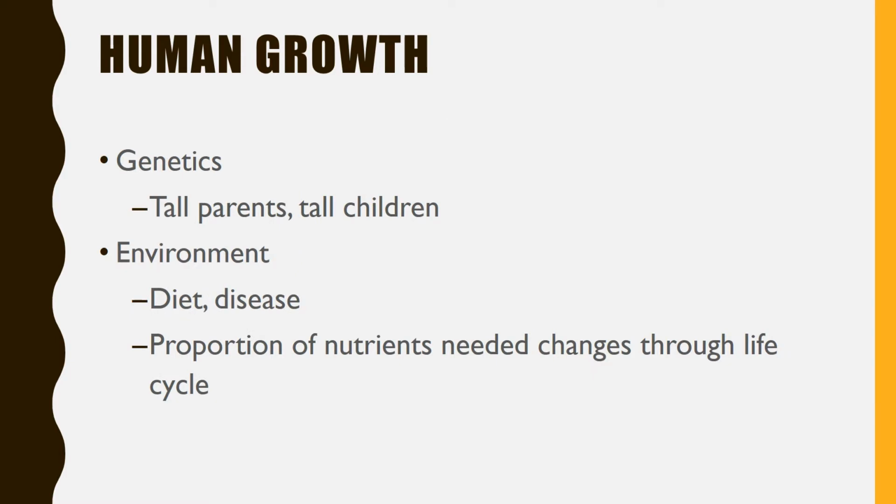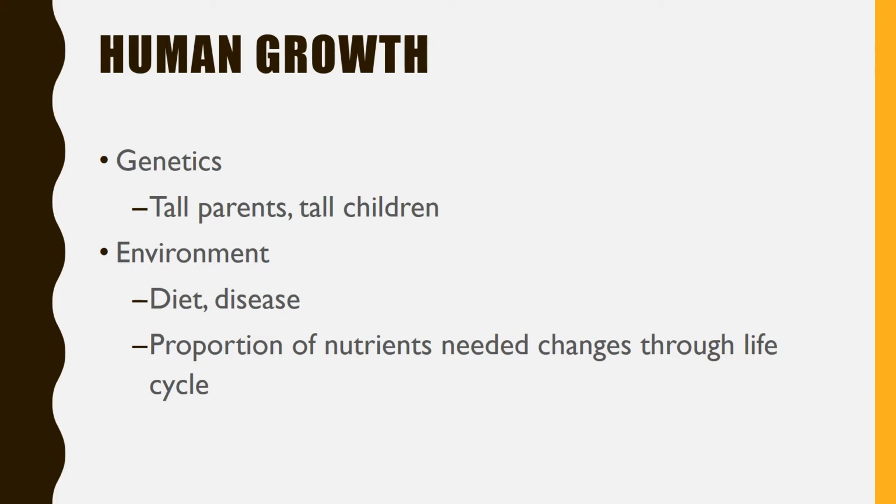So what influences human growth? Growth is partially affected by genetic factors. This should make sense to most of us because typically our body size as adults is on average pretty close to our parents' heights. Tall parents generally have tall children.